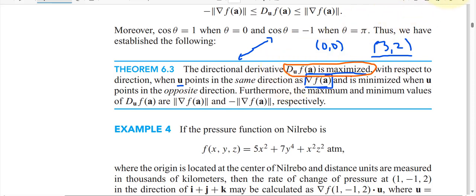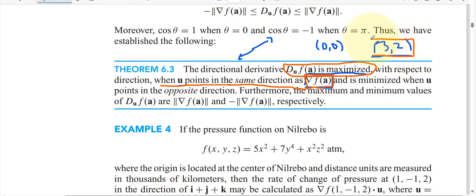And the very interesting answer is that it is maximized when u points, so when the u vector points in the same direction as the gradient at the particular point that we're talking about. Remember, when we put in a particular point, we get out something like this.